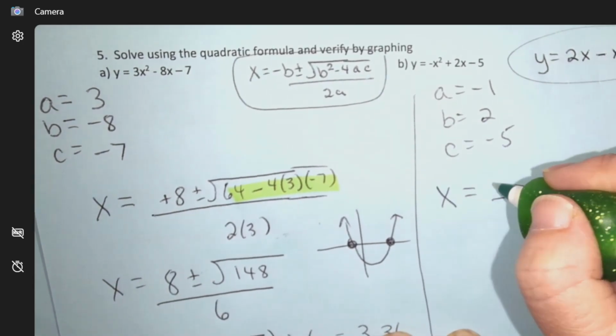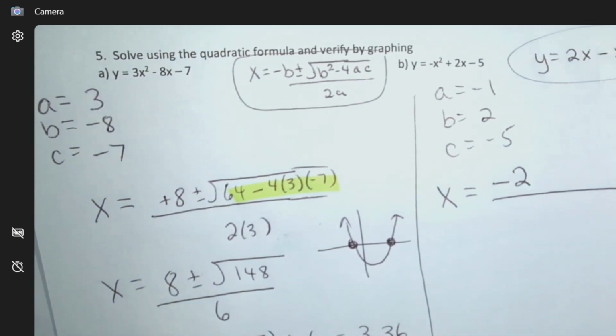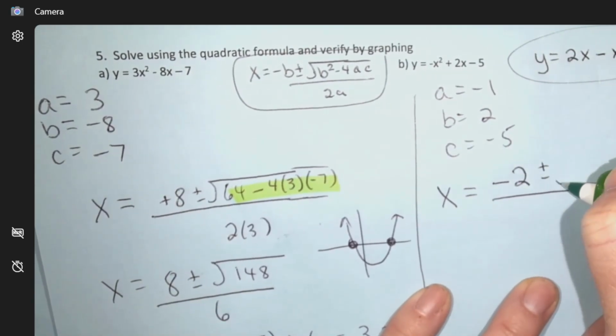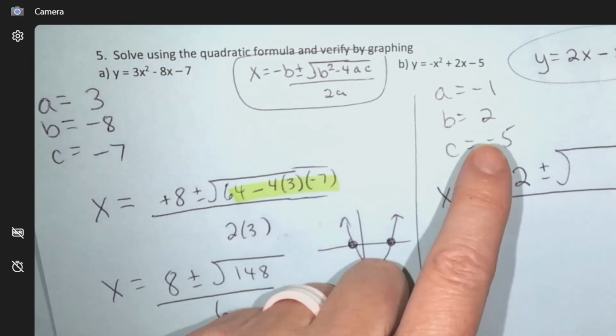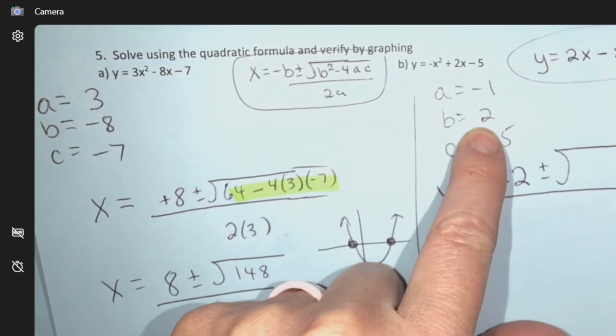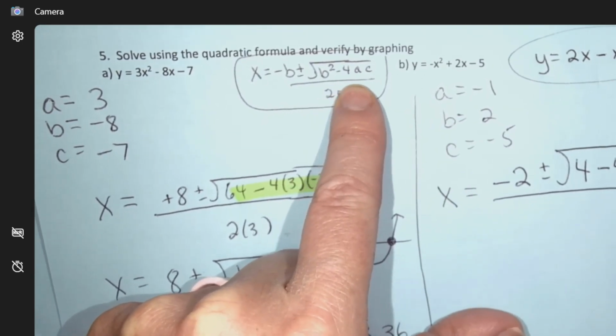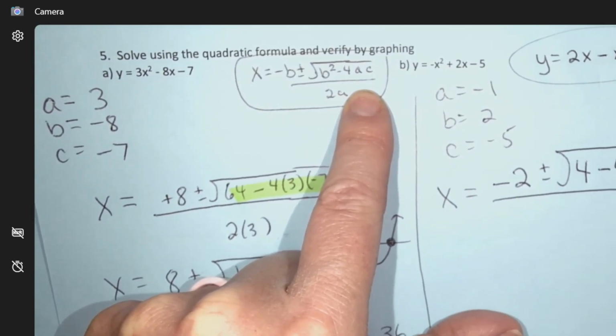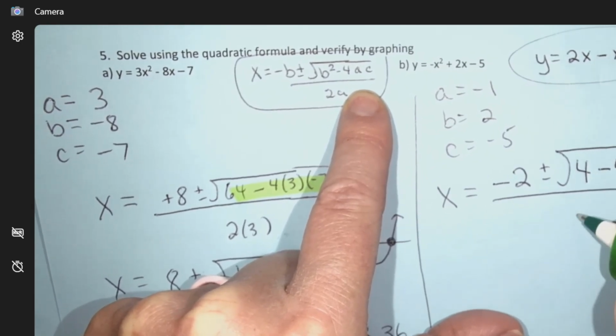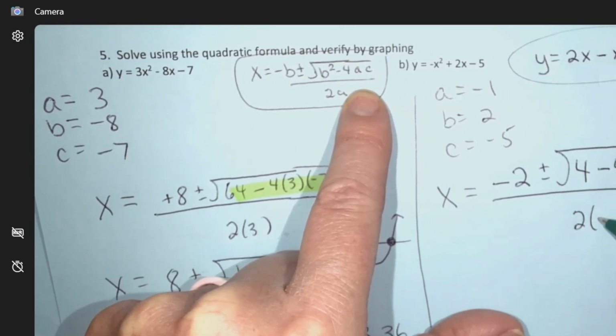Okay, x equals negative b, so negative 2, plus or minus b squared. So 2 squared is 4. Subtract 4 times negative 1 times negative 5, all over 2 times negative 1.